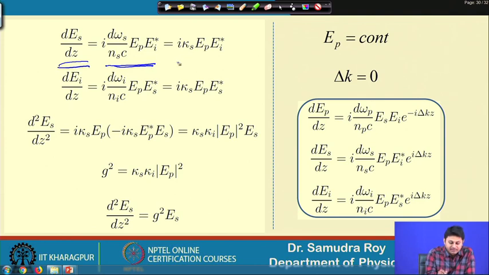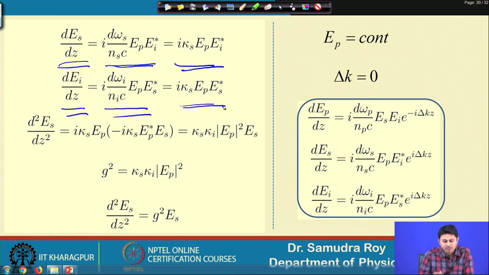We simplify this as kappa s, because kappa s takes care of d omega s NSC, and dEi/dz is this quantity, which I write in compact form with kappa. Here it should be kappa i, this is not kappa s, in both cases it should be kappa i.